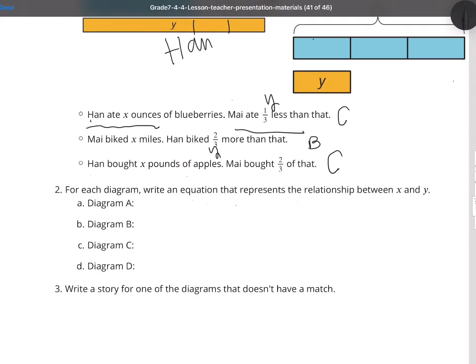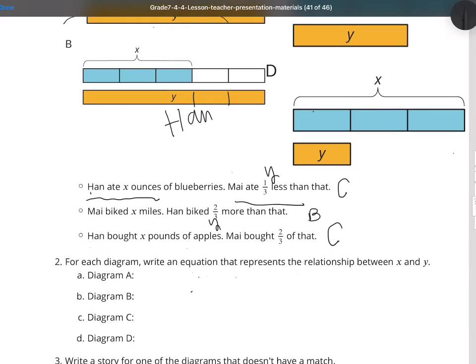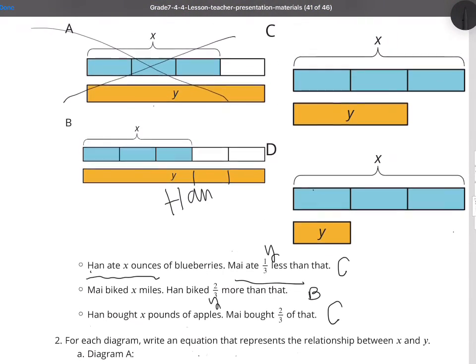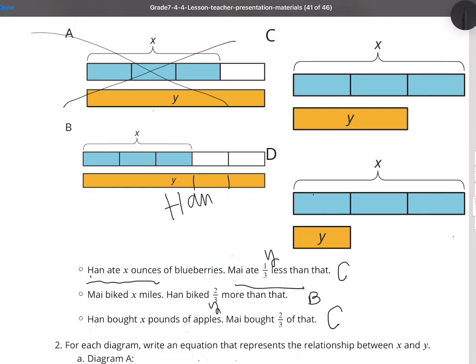Now for part C, it says for each diagram, write an equation that represents the relationship between X and Y. So let's look at diagram A. Let's see what Y is equivalent to, and let's see the value of X. X would be 3 out of 3, because that's the value of X. But Y is 1/3 more than what X is.